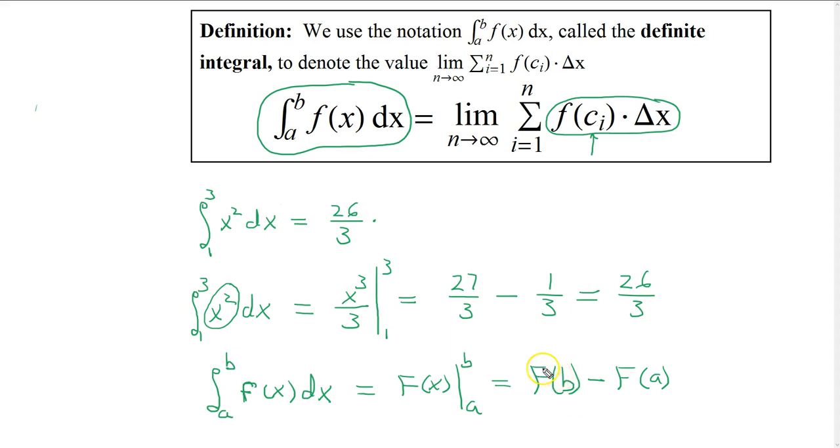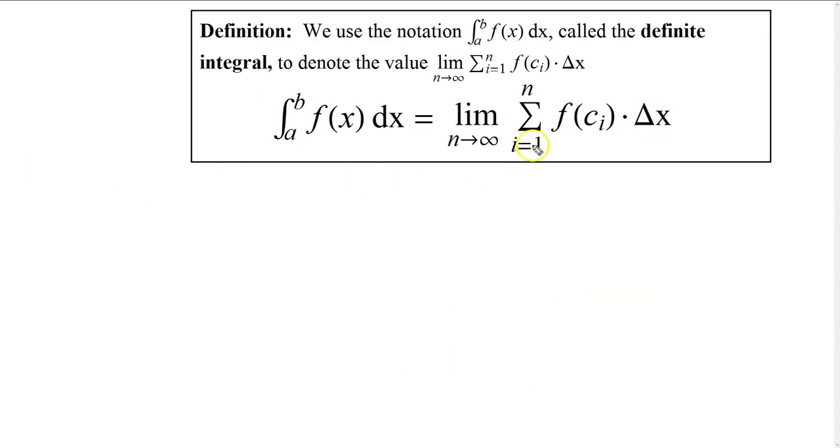And before we leave this slide, let's note one other thing about the limit notation that we have above. Whenever you see this limit notation, notice how in the limit as n goes to infinity, we think of this summation as turning into the integral from a to b, as we have over here.